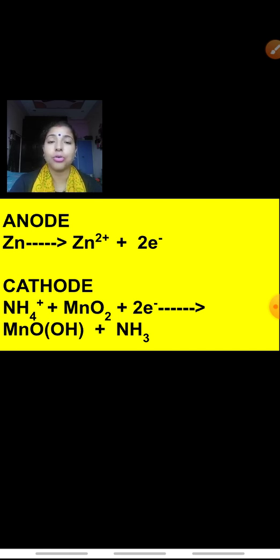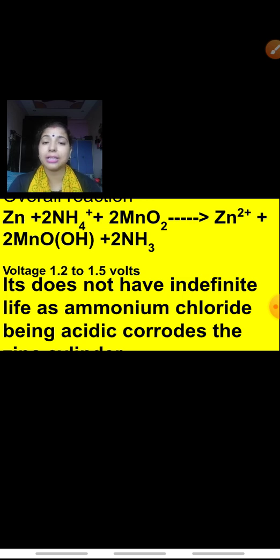Now see the overall reaction which is taking place at anode and cathode. The combination of the two is Zn plus 2 NH4+, that is ammonium ion, react with zinc and manganese dioxide and result in the formation of Zn2+, MnOOH plus 2 moles of ammonia.